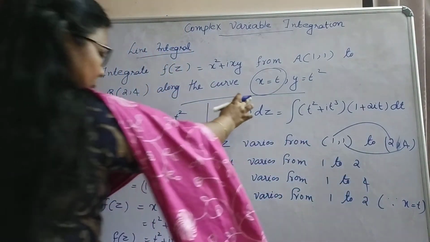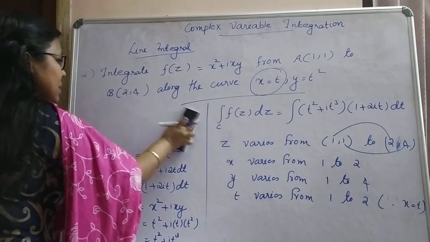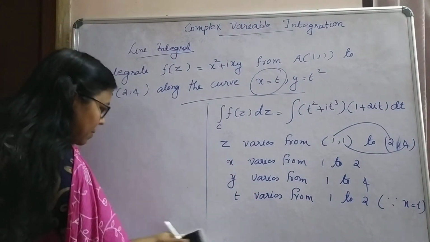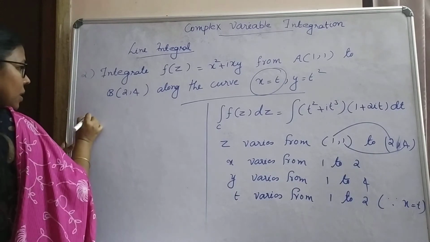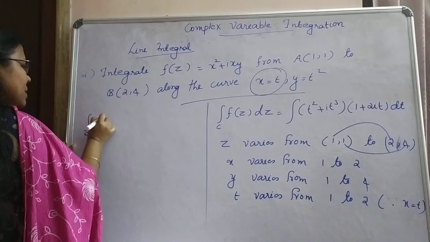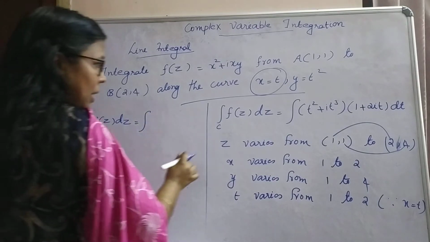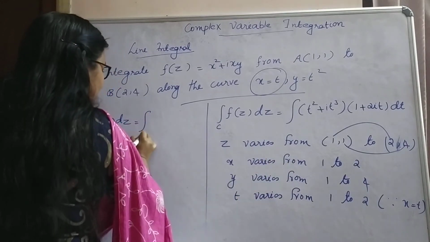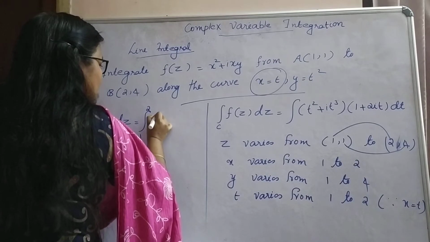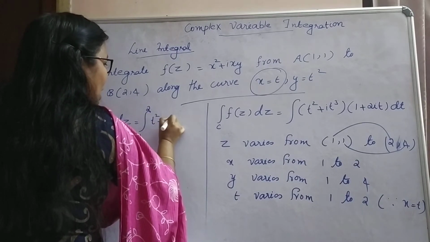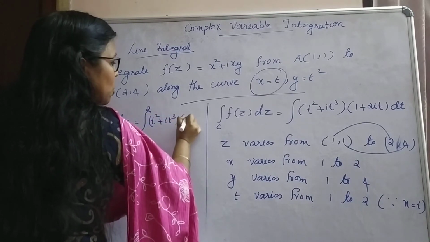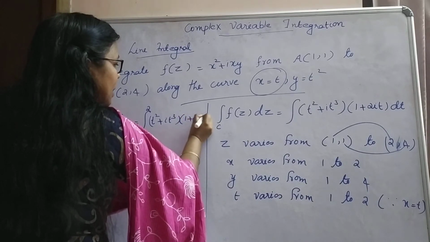Now we have to integrate this. That is, the integral over c of f z dz equals the integral from 1 to 2, t varies from 1 to 2, of t square plus i t cube into 1 plus 2it dt.